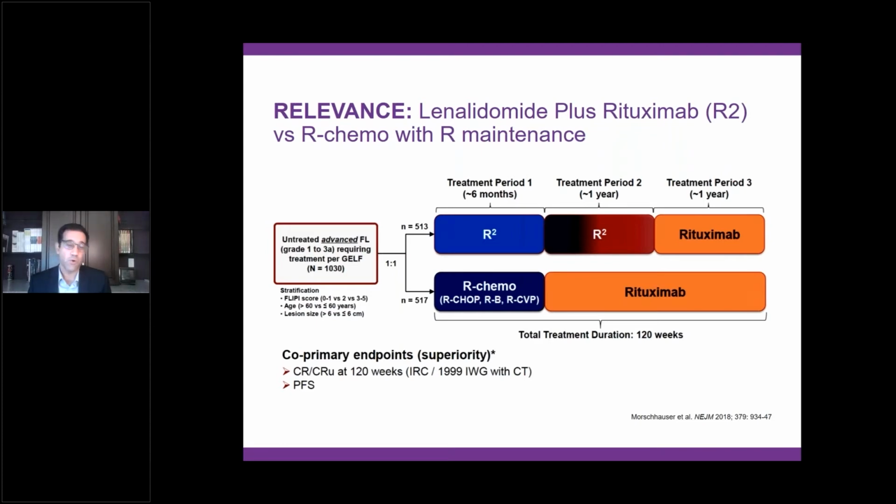So if the patient has to receive lenalidomide, it's important to make sure that they avoid pregnancy, whether men or women, just to protect from any teratogenicity. With this regimen, we add lenalidomide to rituximab, and it was compared with a regular regimen, which is R-CHOP or bendamustine rituximab.